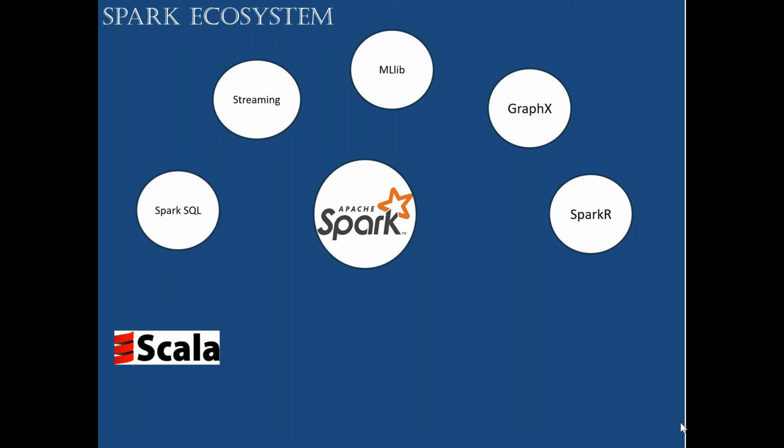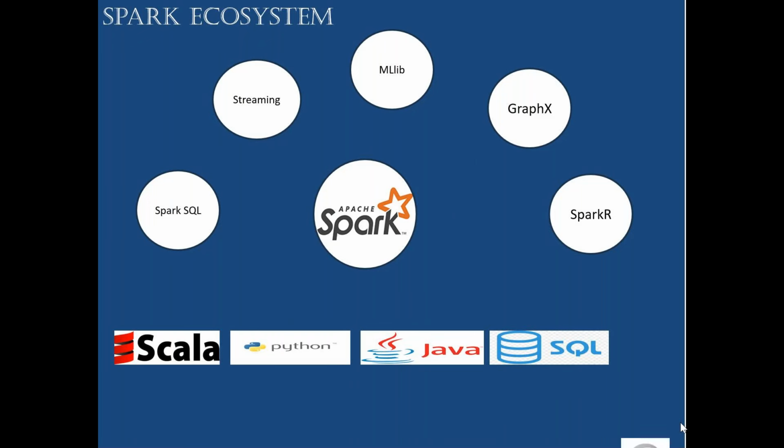Not required. Remember, even though Spark was mainly written in Scala, we need not know Scala to use Apache Spark. We can use Scala, Python, Java, SQL, and R. Any language we can use. Clear?